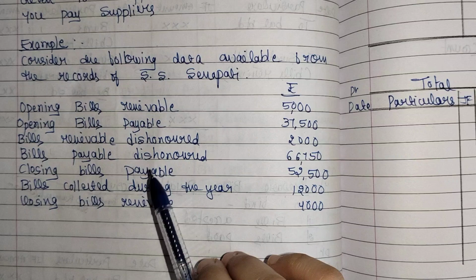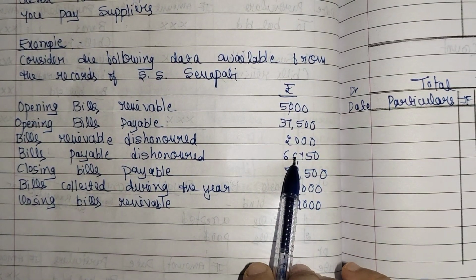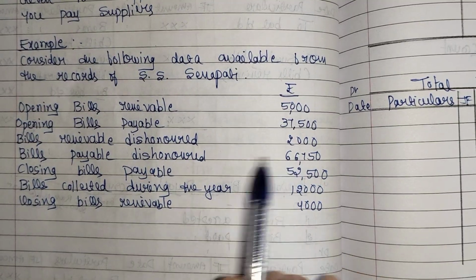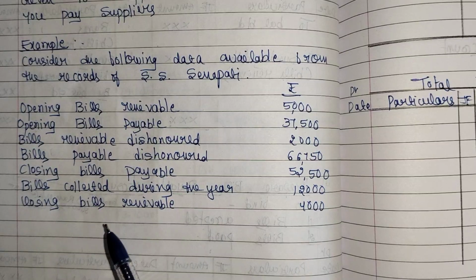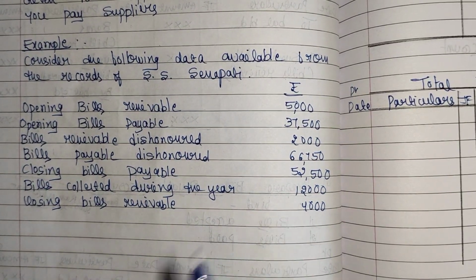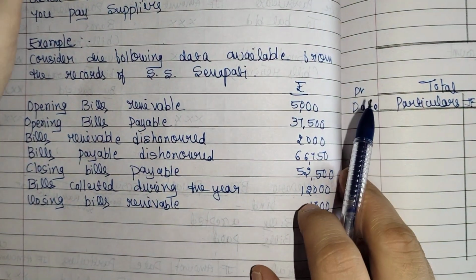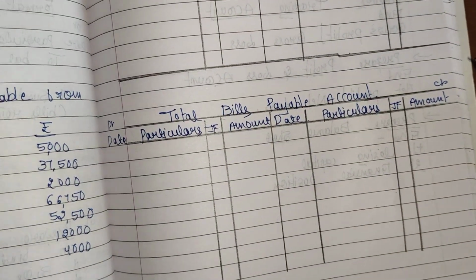And bills payable dishonored, that is 66,750, means failed to pay the bill. Closing bills payable 50,500, and bills collected during the year 12,000, and closing bills receivable is 4,000. So let's solve this problem. Write down the total bills receivable account and total bills payable account.